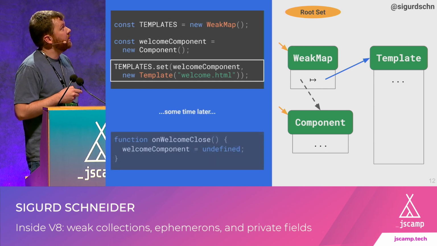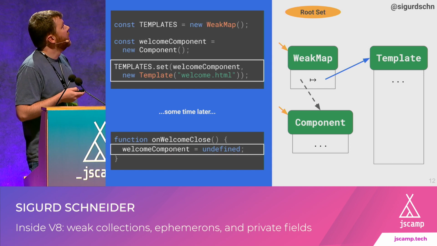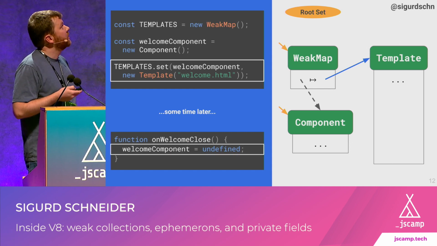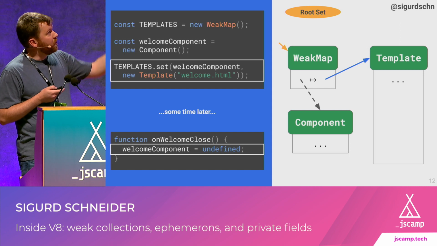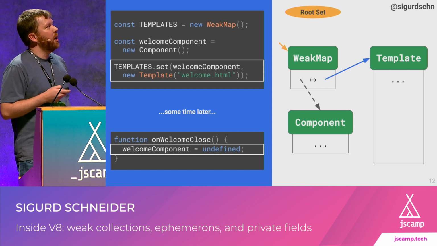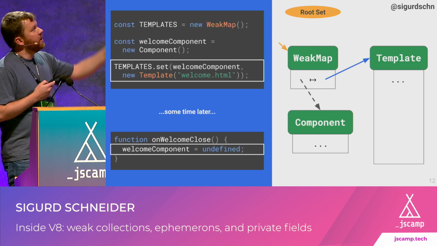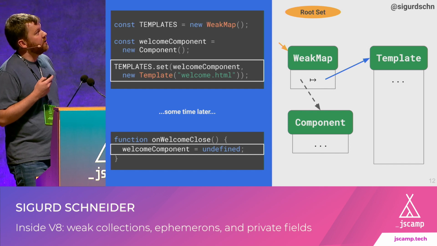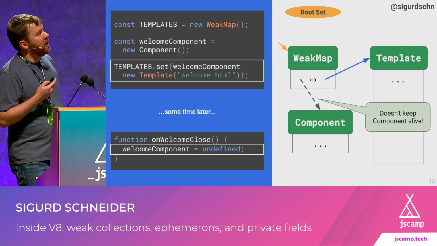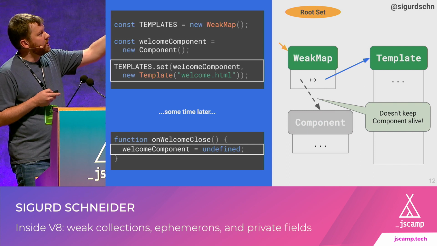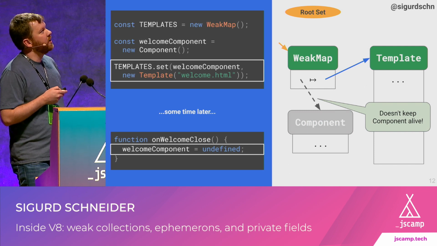So when sometime later the user closes the welcome screen and you set the component to undefined, no one references the component. But now the garbage collector knows that the link from the weak map is not supposed to hold the component alive, and it knows this component is dead, I can clean it up.